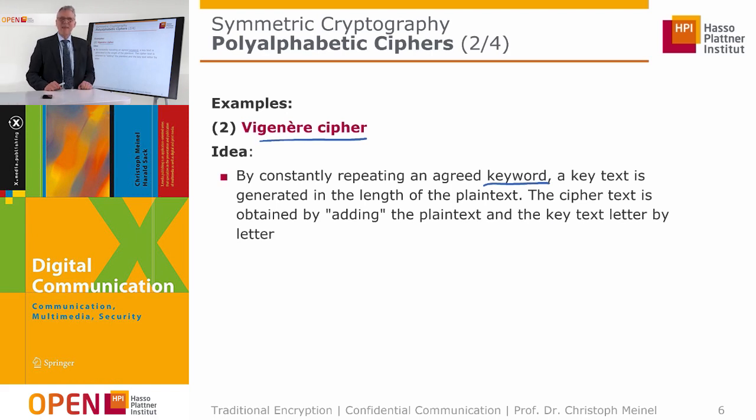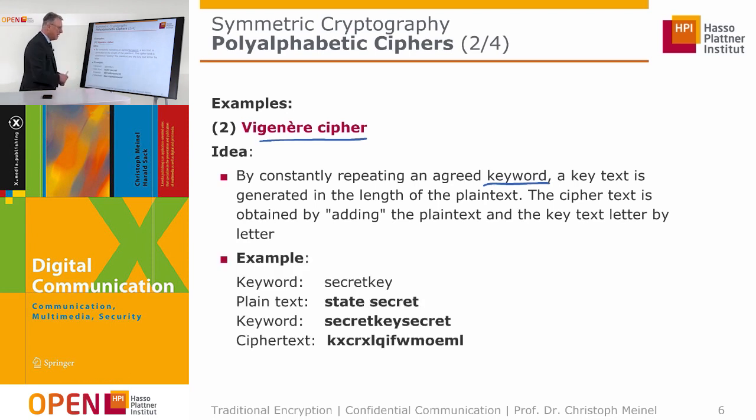And then the ciphertext is obtained by adding the plain text and the key text, letter by letter. Adding means the position of the letter in the plain text is shifted by the position of the corresponding letter of the key text.